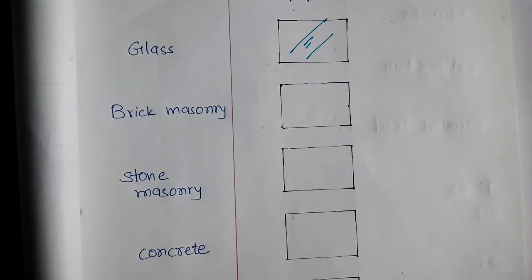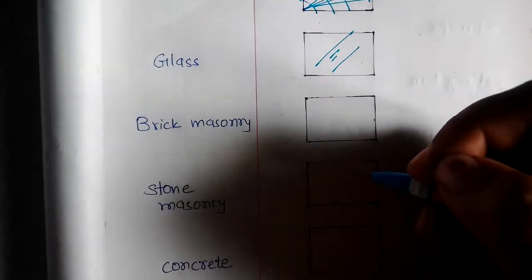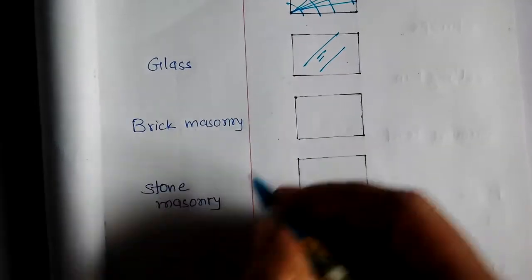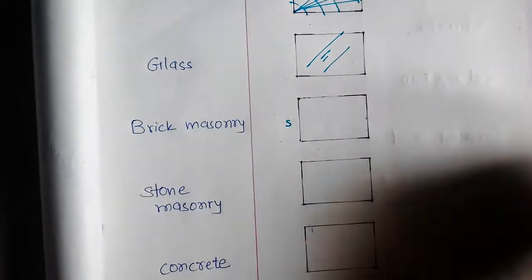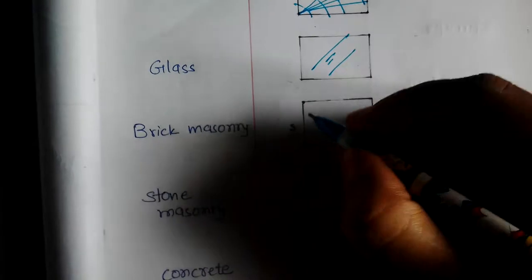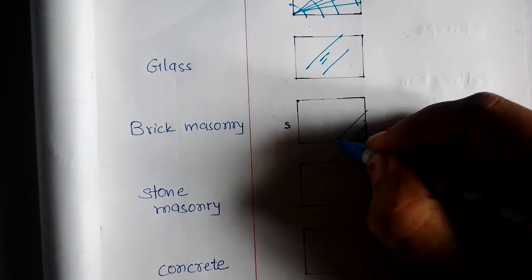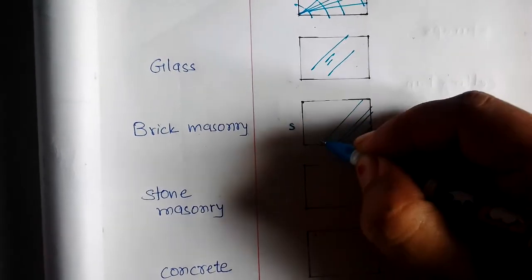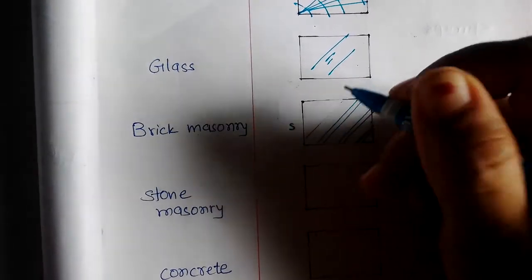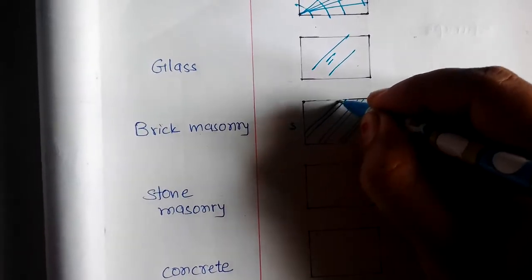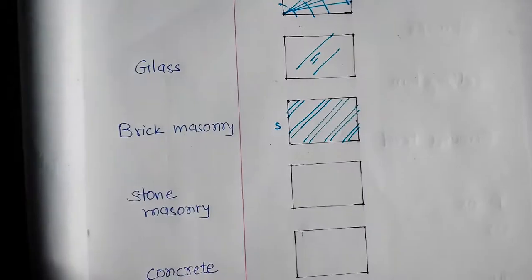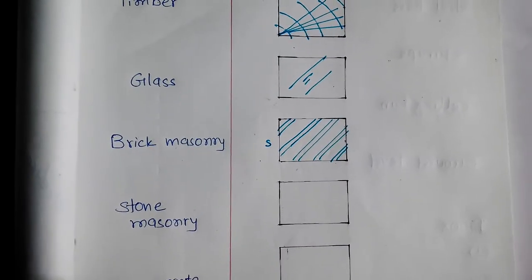If we have to show brick masonry, brick masonry in sections, S for section. Remember, this double line should be at an angle of 45 degrees.